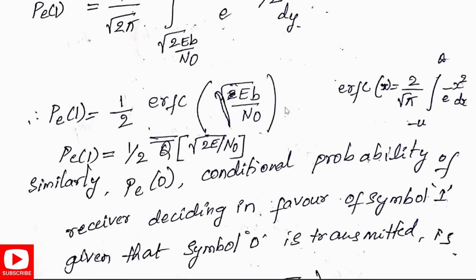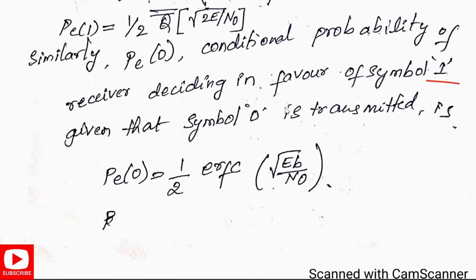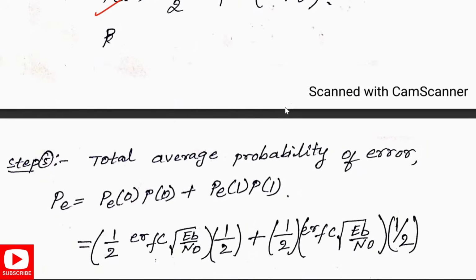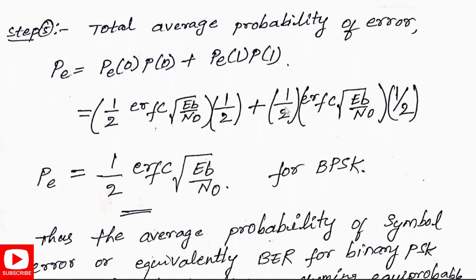For Pe of 0, what will be the conditional probability of the receiver deciding in favor of symbol 1? Given that symbol 0 is transmitted, we get the answer as this. Step 5: we need to calculate the total probability for 0 as well as for 1. On adding both of them, we get our total average probability of error for BPSK.